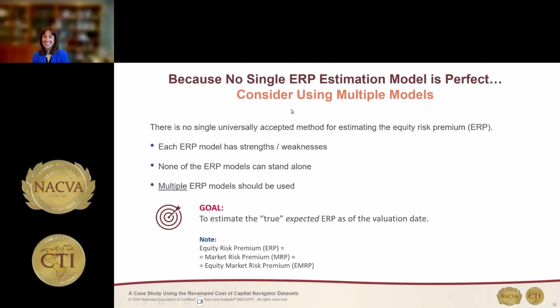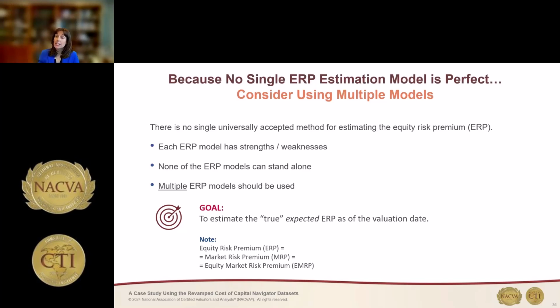Thanks, Kevin. So the reality is that none of these methods are perfect to estimate equity risk premium, because we are trying to estimate what equity risk premium would be in the future. We're looking at a crystal ball and trying to guess what equity risk premium investors are going to demand in the future.